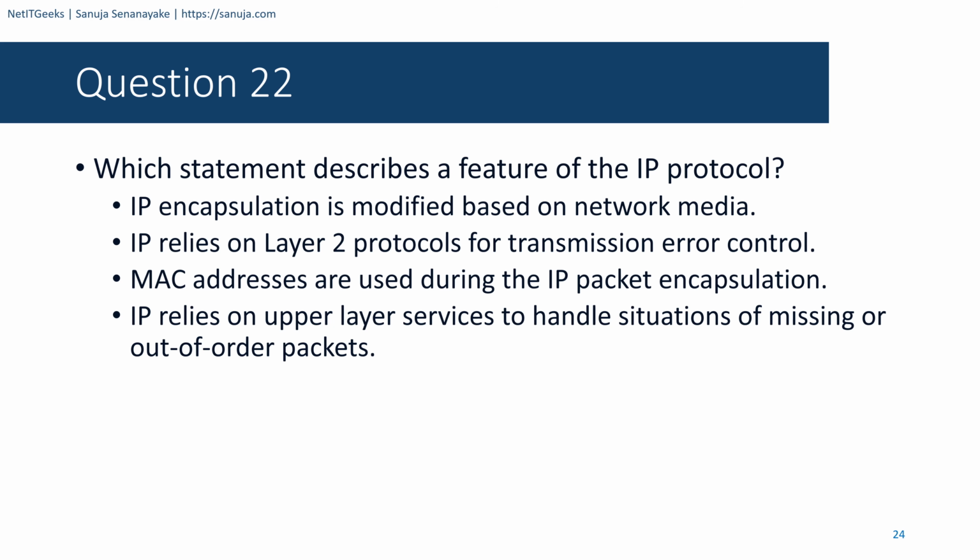IP relies on upper layer services to handle situations of missing or out of order packets. When you look at these statements, which of them is actually true? That's the question with respect to the IP protocol. In other words, which of these statements are actually true? I'll give you the answer now.